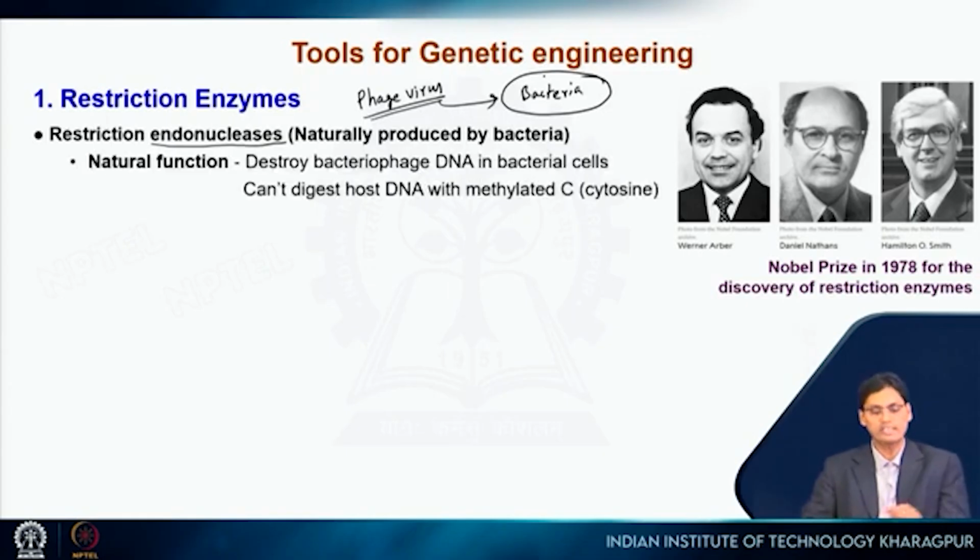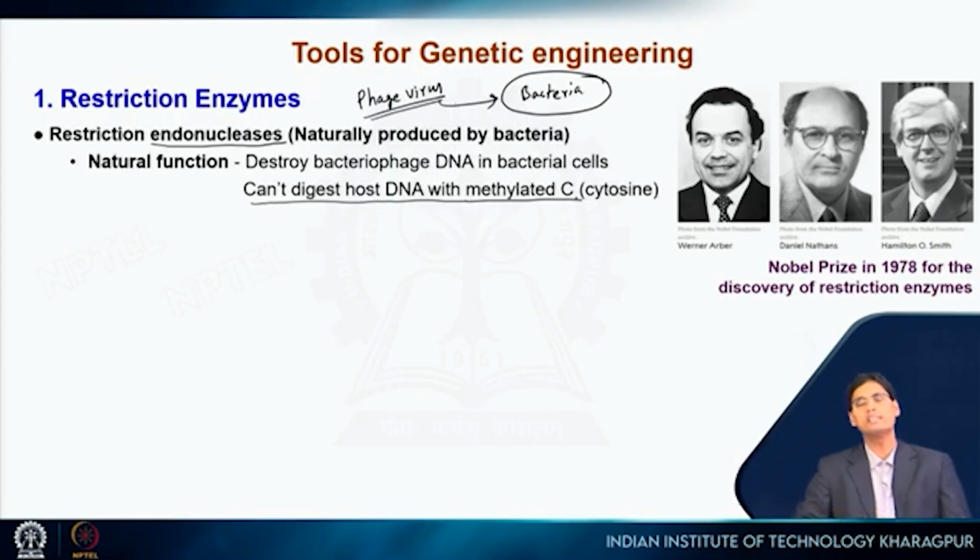Now as I already mentioned, they destroy bacteriophage DNA in bacterial cell, and it is also very important to note here that they cannot digest host DNA with methylated C. The question now is, the same enzyme is present in the bacterial cell, and bacteria also have DNA, so why is their DNA not getting digested?